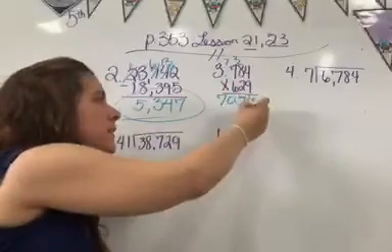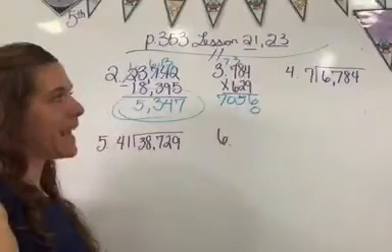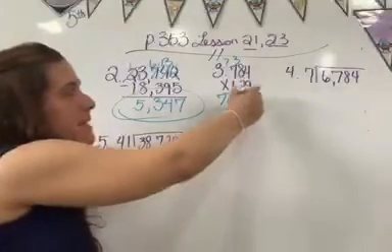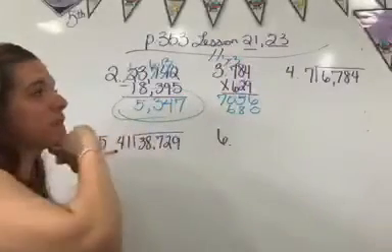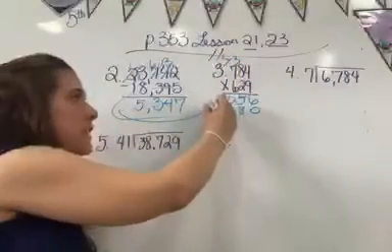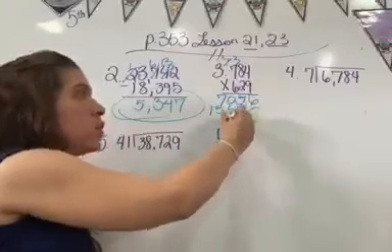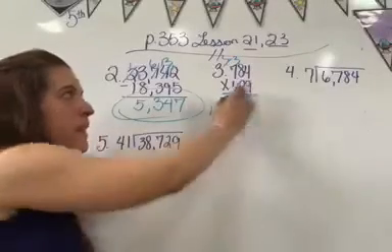Oof, it's just cut. 2 times 4 is 8. 2 times 8 is 16. 2 times 7 is 14 plus 1 is 15. 2 zeros now, right? Because we're moving over to this one.